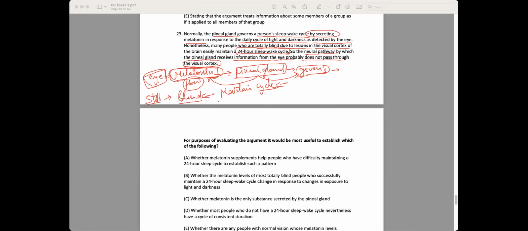That means their visual cortex is damaged or has problems. Despite the visual cortex not working properly, blind people can also maintain that same cycle. That means whatever neural pathway by which the gland receives information is not passing through the visual cortex.